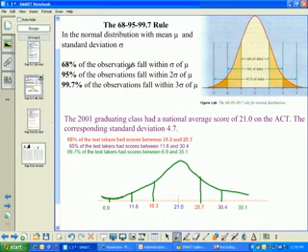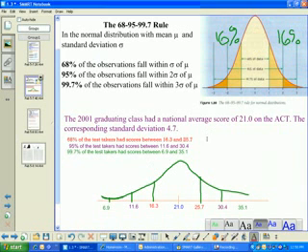Okay, so let's talk about the 68%. So if 68% is in the middle, and the whole thing represents 100, 100 minus 68 is 32. So that would leave really 16% on either side. So 16 plus the 68 plus the 16 is 100.